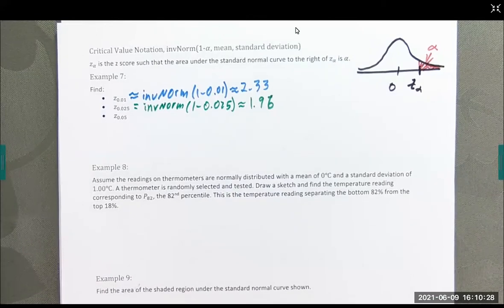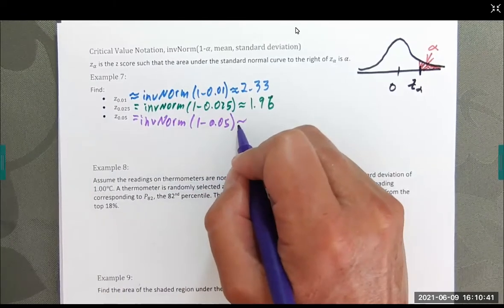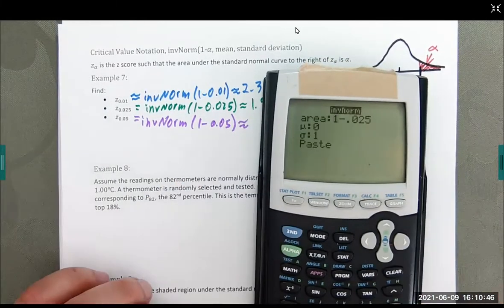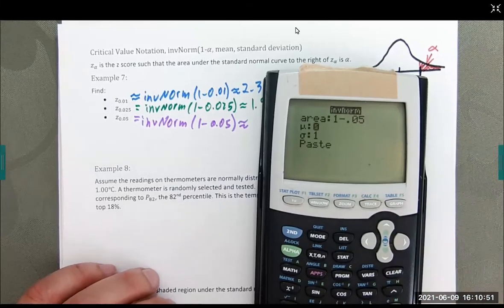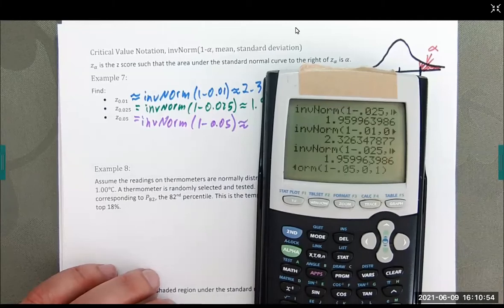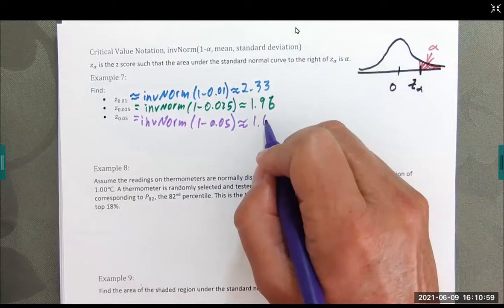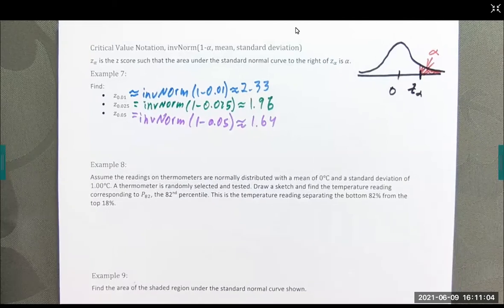And the last one is going to be inverse norm 1 minus 0.05. One minus 0.05. 1.64. So it's not too bad. Just a few more.